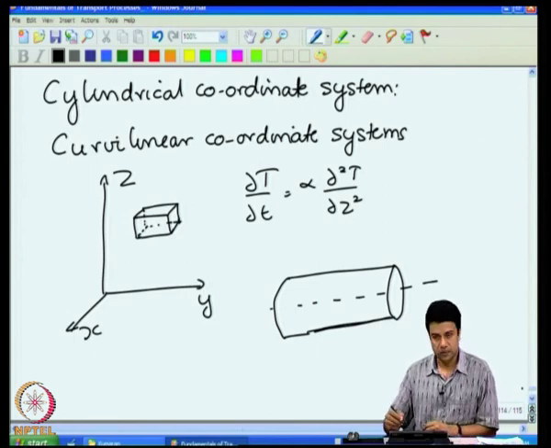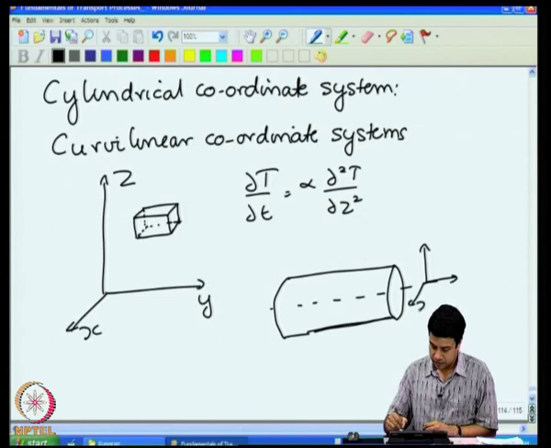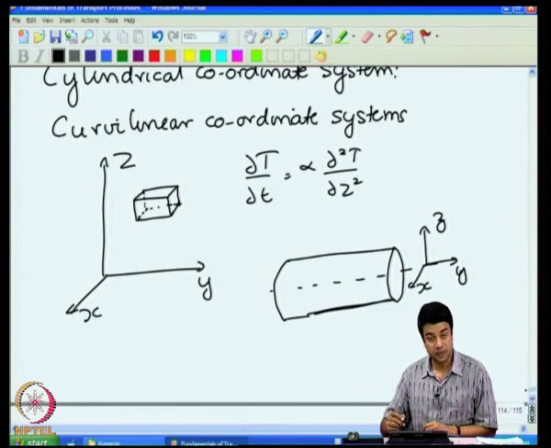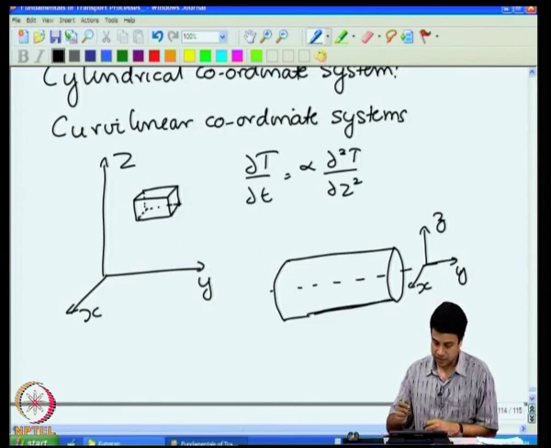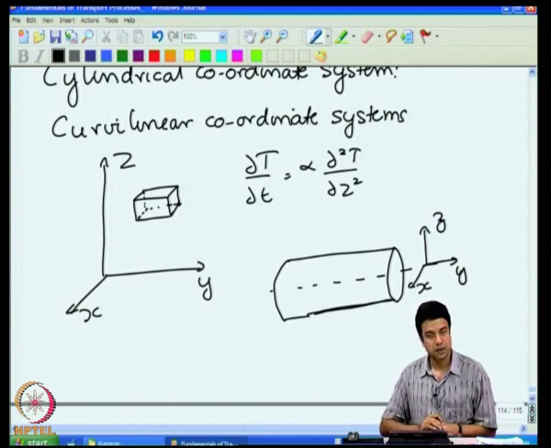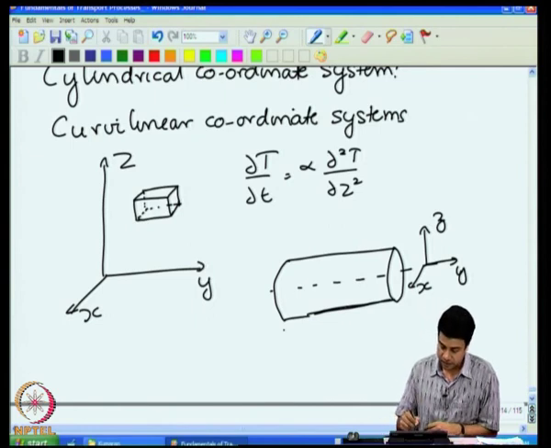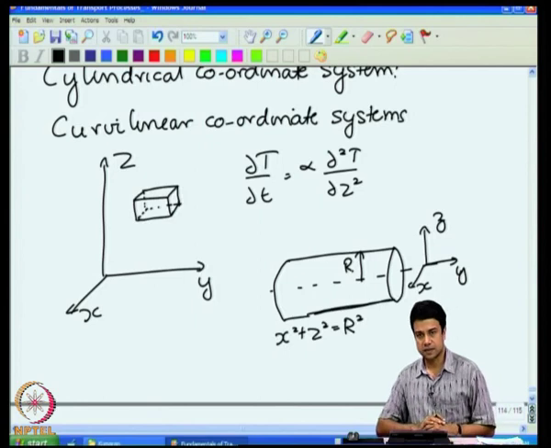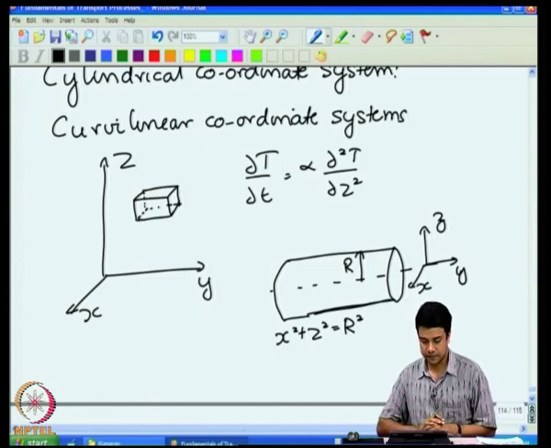Therefore, if I took my coordinate system x, y and z, the surface of this pipe would have to be described by an equation for the surface containing the x, y and z coordinates. In this particular case, the surface of this pipe will be described by the equation x squared plus z squared is equal to R squared, where R is the distance from the axis. So, that will be the equation for the pipe.